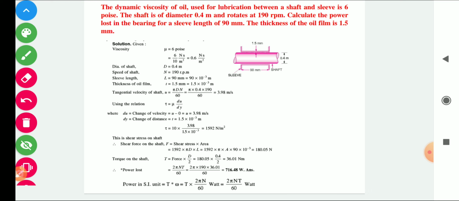Now to calculate the power, the power will be equal to torque multiplied by the angular velocity. This torque is T, and this omega is equal to 2 pi n by 60.